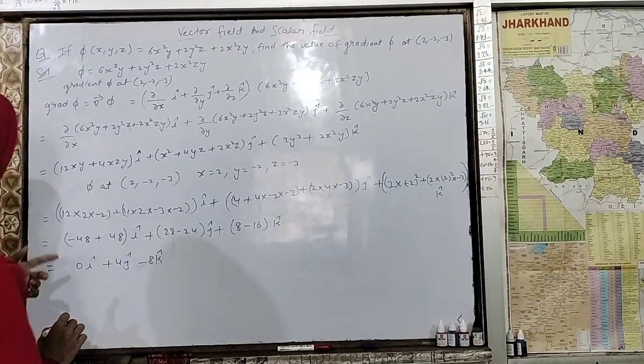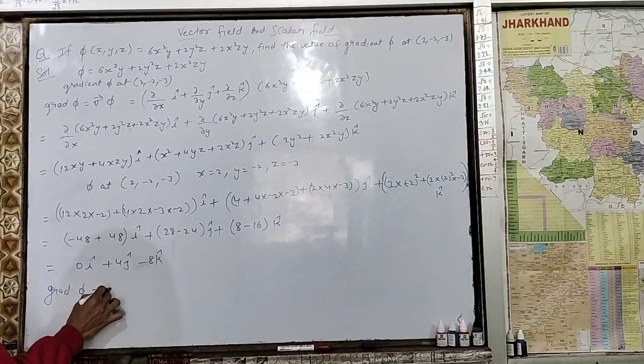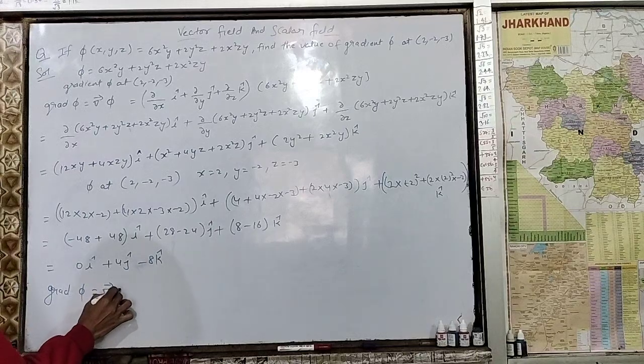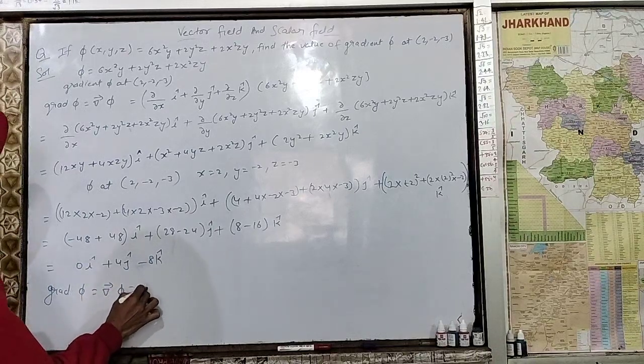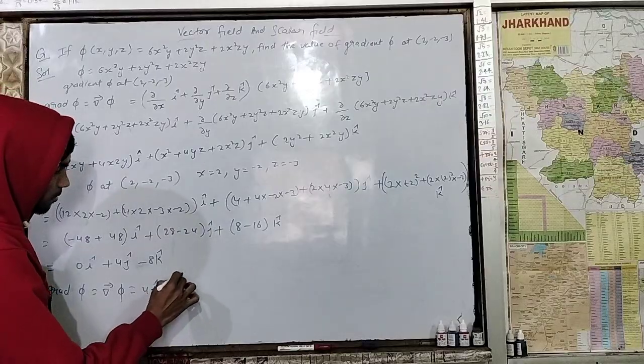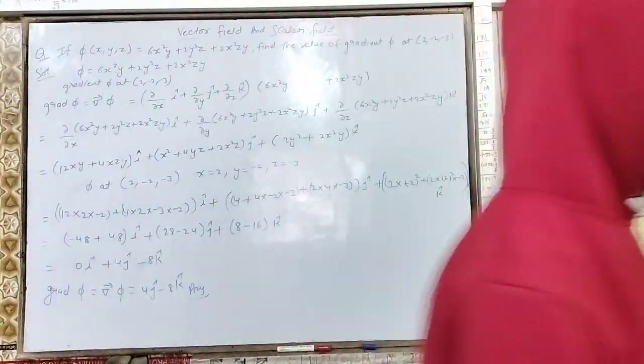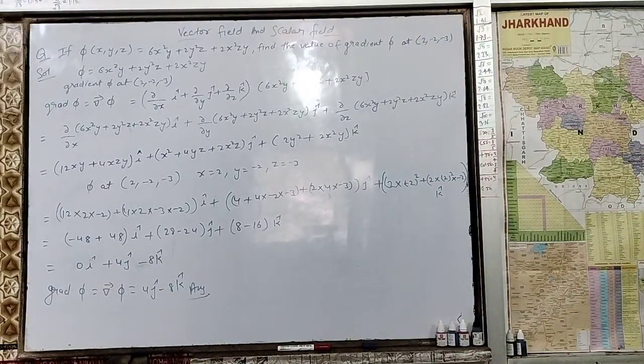This is our final answer, and you can say grad dot phi is equal to del operator phi is equal to 4z minus 8k. This is our answer. Check it. Is my answer correct?